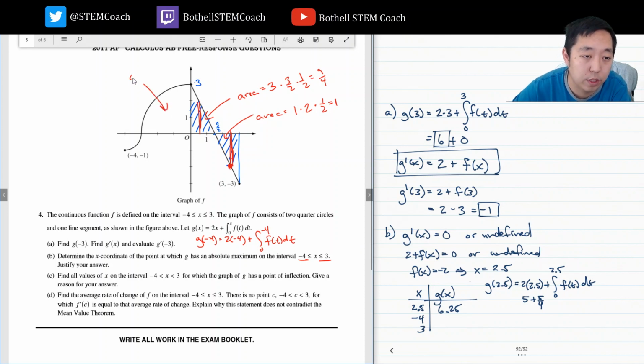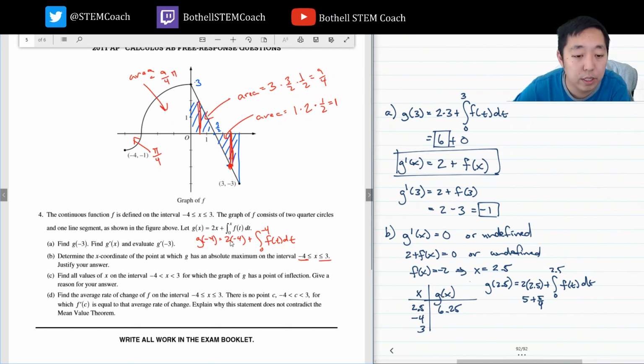The area of this one here is a quarter circle. Its radius is 3. So 9 pi would be the area of the whole circle, but since it's only a quarter of it, it would be 9/4 pi. This area here is radius 1, which would make it pi as the total area of the whole circle, but because it's a quarter, it's 1/4 pi.